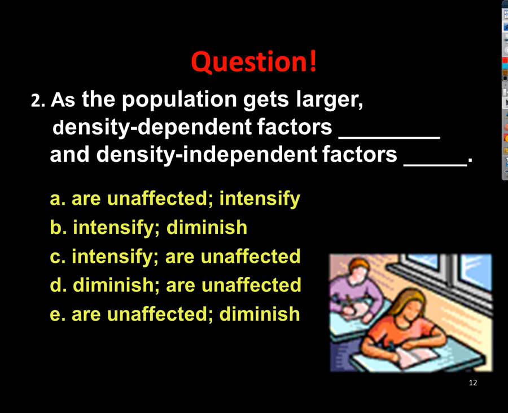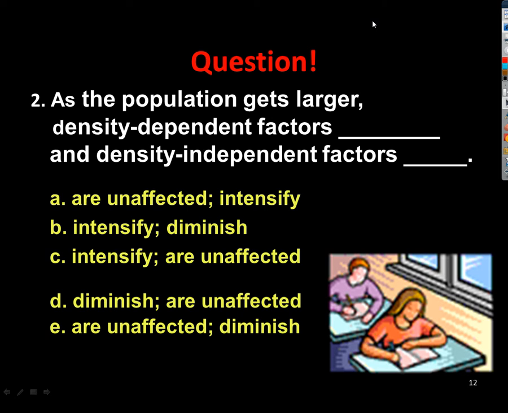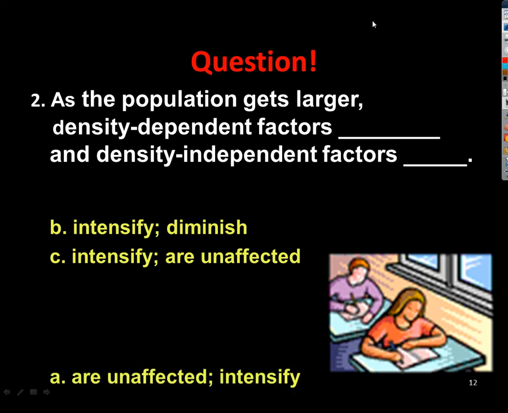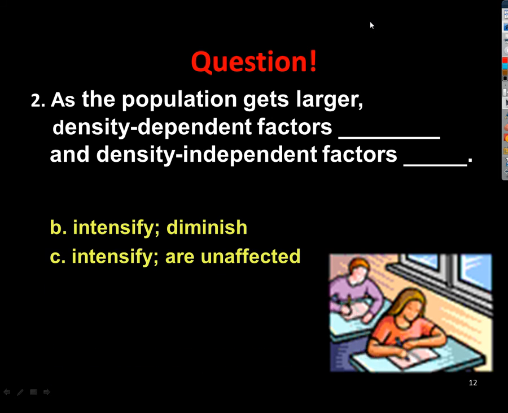Probably not. So we're going to go with intensify, where our density independent factors are what? Now, do our density independent factors diminish or are unaffected as the population gets larger? Because of the fact that they're density independent, that means that they're basically unaffected.